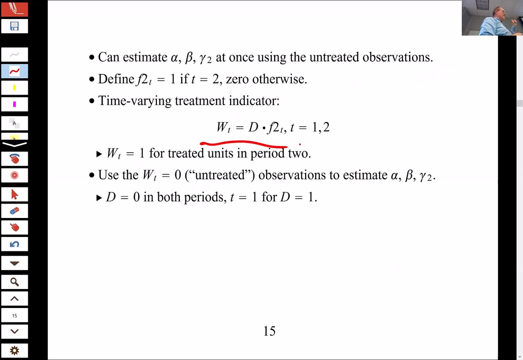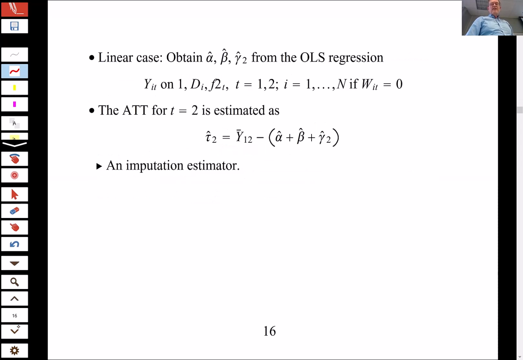So this is the thing where if you looked at your data set, you would see 0, 0 or 0, 1, right? There are just those 2 possibilities in this kind of setting. Okay, so this leads to a natural imputation estimator where you can use the control observations and just run a regression on a dummy variable. Are you ever treated?